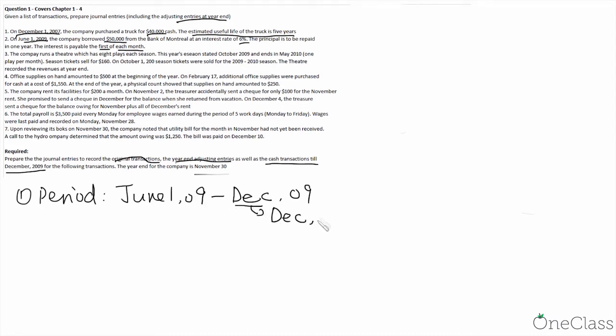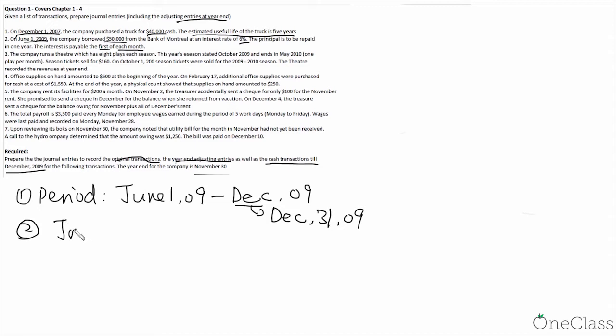So the relevant period for the transaction is from June 1st, 2009, when the money was borrowed, to December 2009. So when the question says December, we can assume that is at the end of December, which is December 31st, 2009.